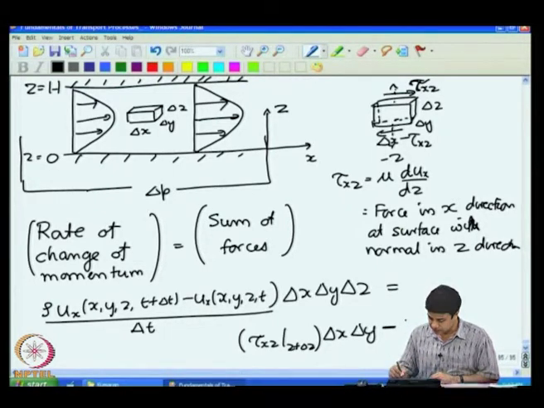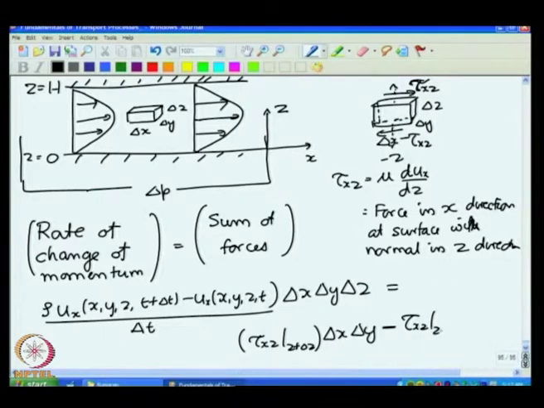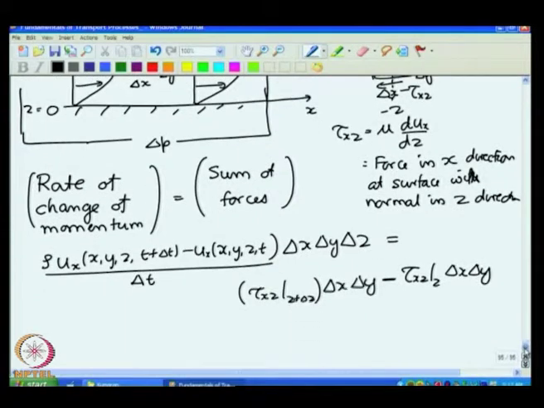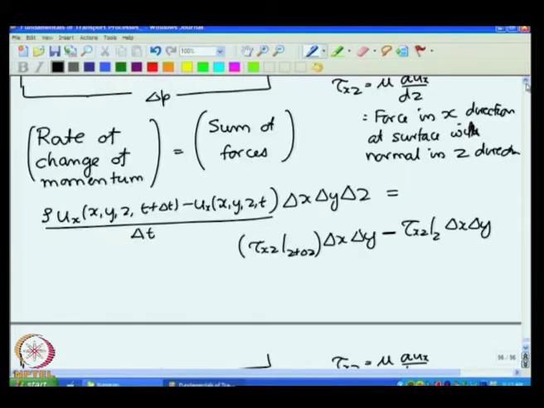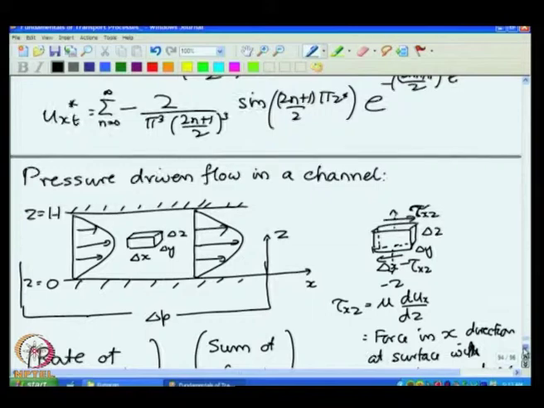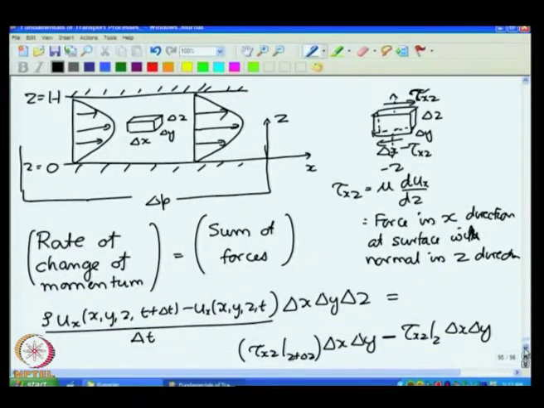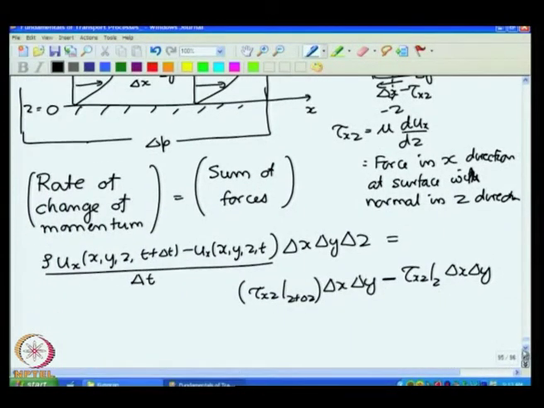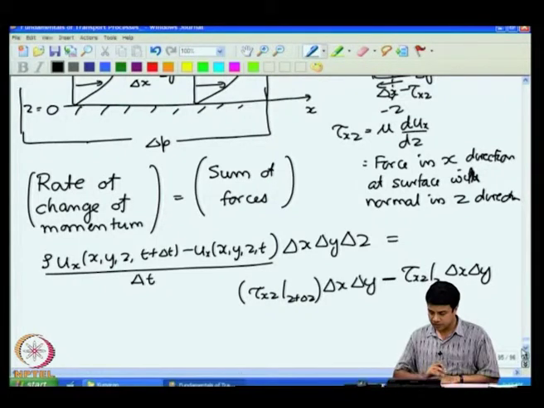So, I will get minus tau x z at z, times delta x, delta y. So, that is the force acting on the top and the bottom surfaces.